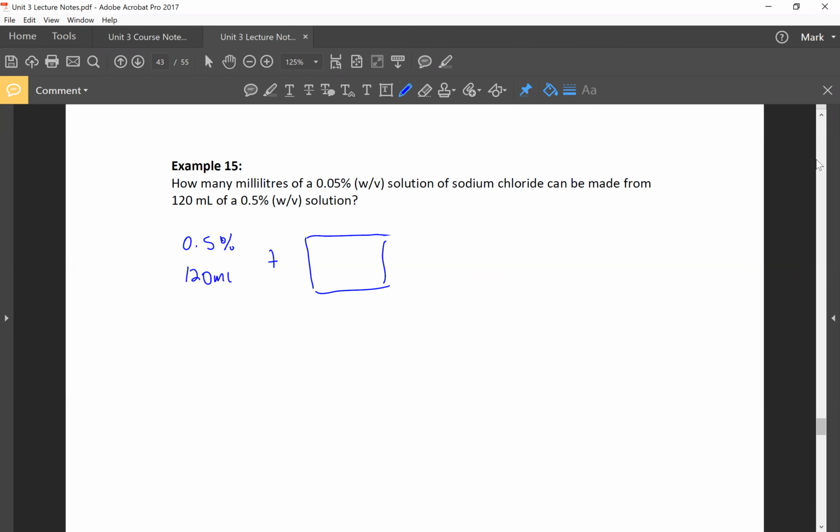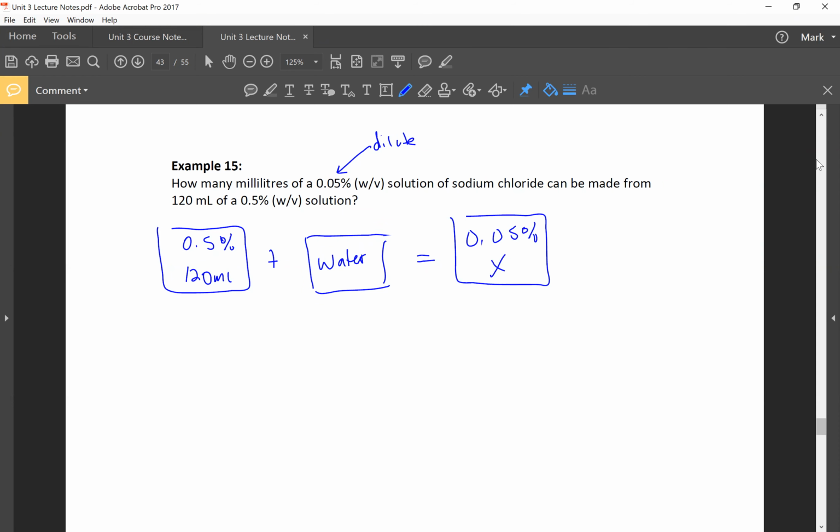Now I know it doesn't say that I'm adding water, but what I'm trying to do is dilute this, right? I'm going from 0.5% to 0.05%. So I am going to add some water here. And the amount of water actually doesn't matter. I'll talk about that in a second. And what I'm going to try to do is figure out how much of this solution can I make.